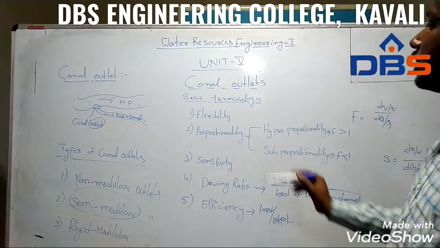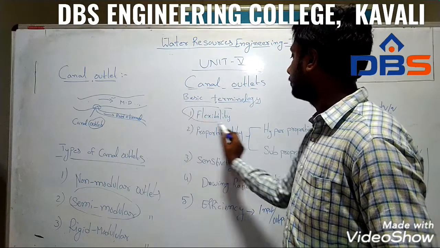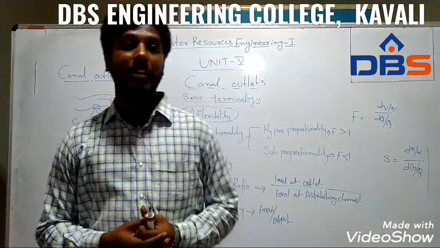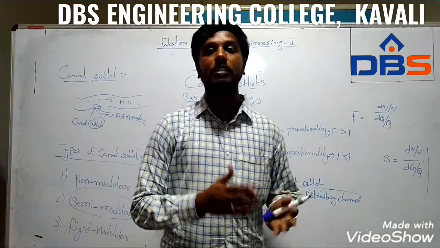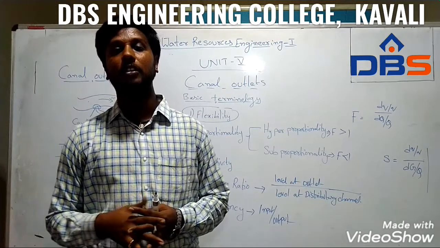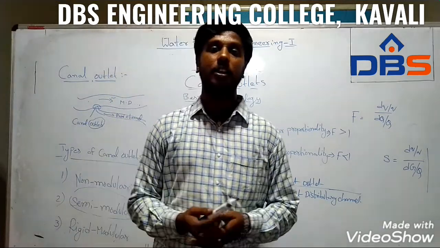Coming to the first one, flexibility. What is meant by flexibility? Flexibility is the ratio between the rate of change of discharge in the outlet to the rate of change of discharge in the main distributary.